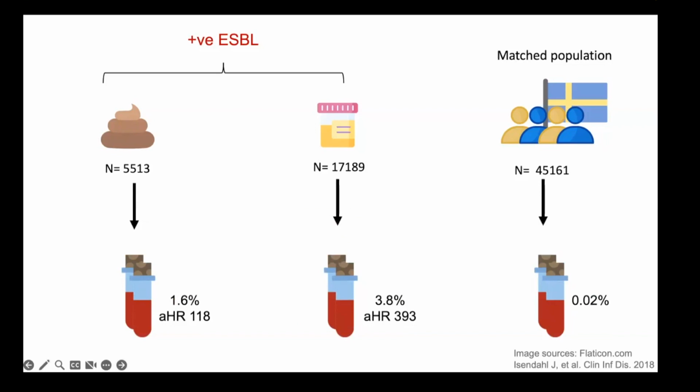And you can see the adjusted hazard ratios there are very large. They even did downstream adjustment for age, sex, county of residence, and Charlson comorbidity score, and you can still see quite a high adjusted hazard rate.